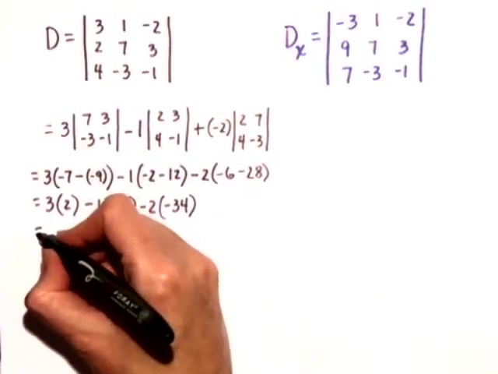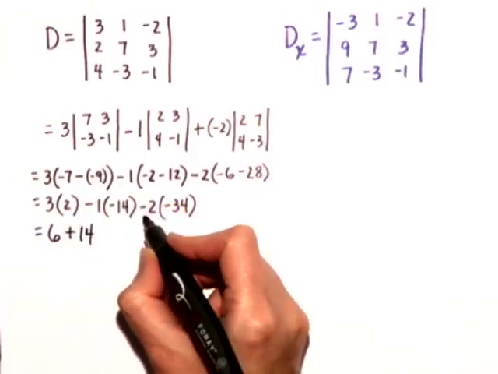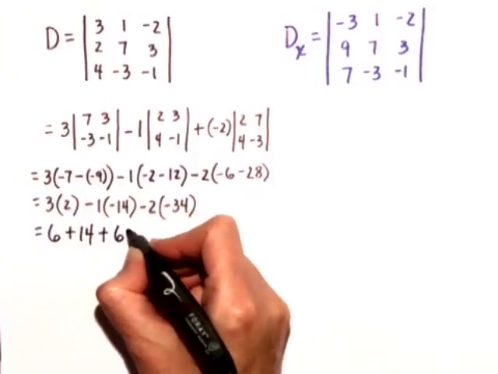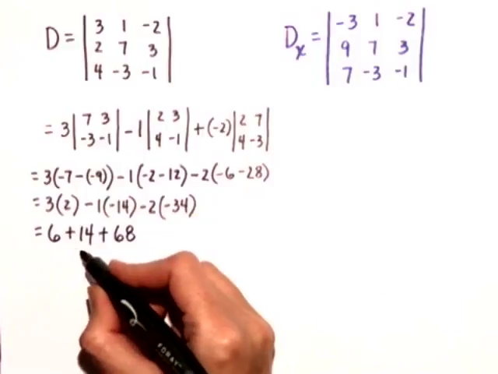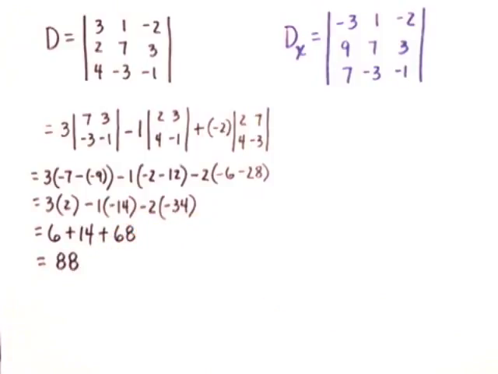This simplifies to 6 plus 14 plus 68, which is 20 plus 68, or 88.